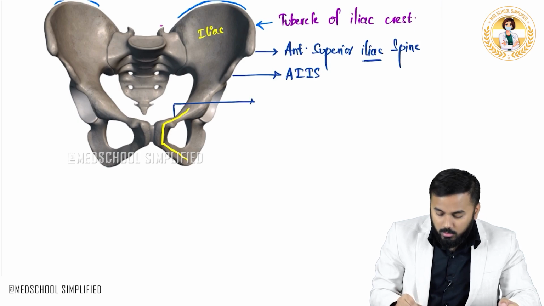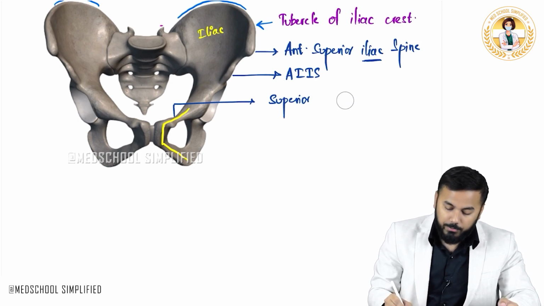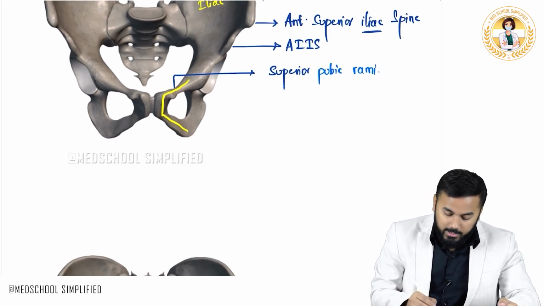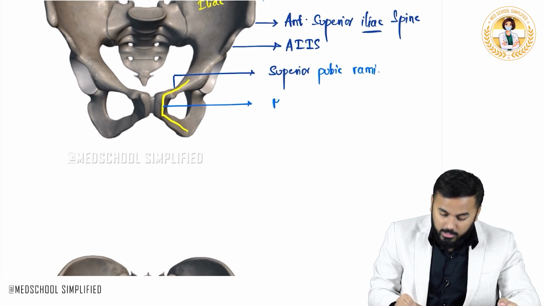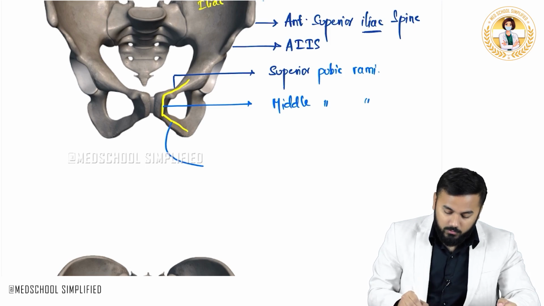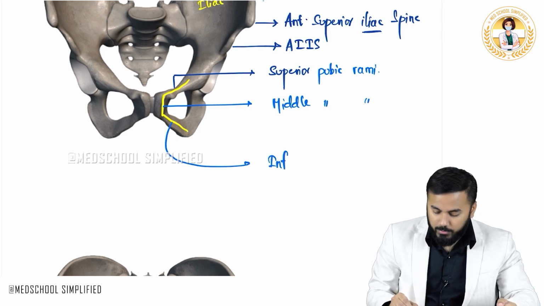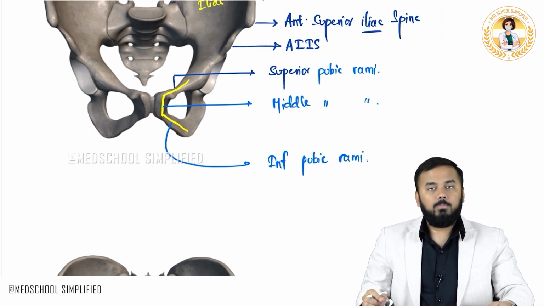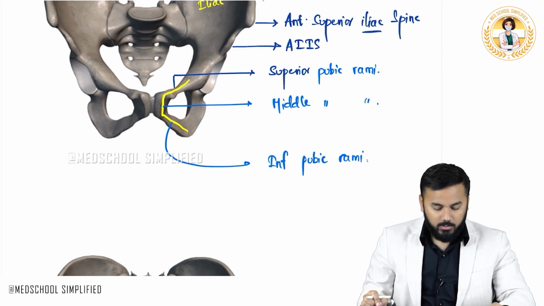This one is called the superior rami of the pubic bone, or superior pubic rami. This one over here is the middle pubic rami, and this one is the inferior pubic rami. So we have three types of rami: superior, middle as well as inferior pubic rami. Clear, all of you?